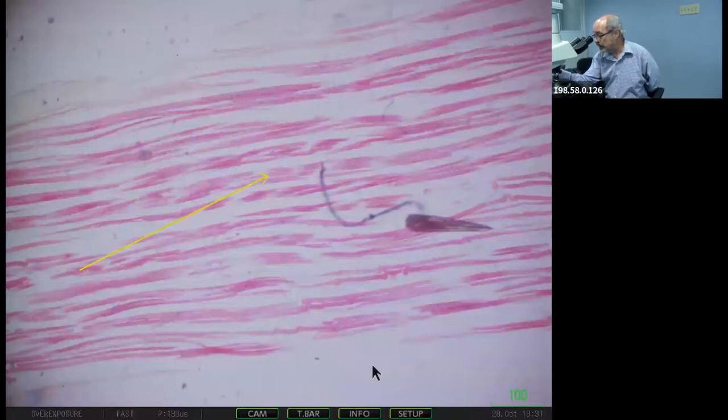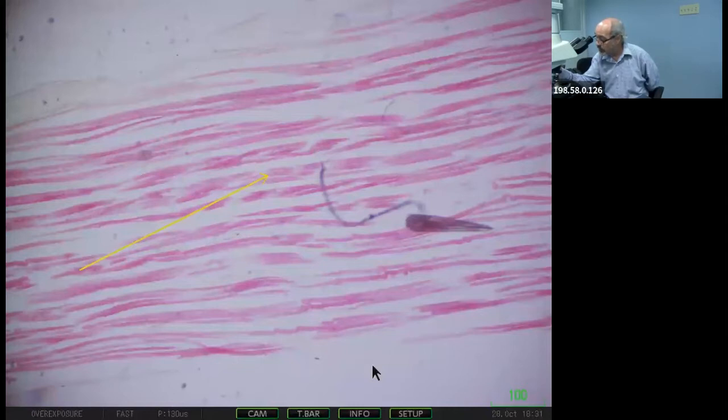By opposition, your cardiac muscle fibers are also striated, and they also have actin and myosin filaments. Your cardiac muscle fibers will be short, they are branched, and they will be bound together by structures which are called intercalated discs.